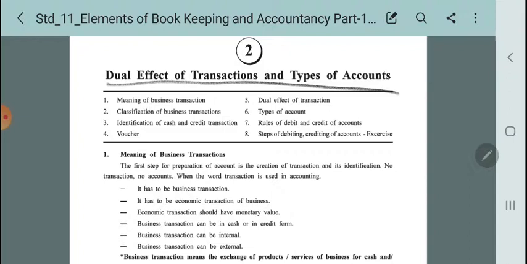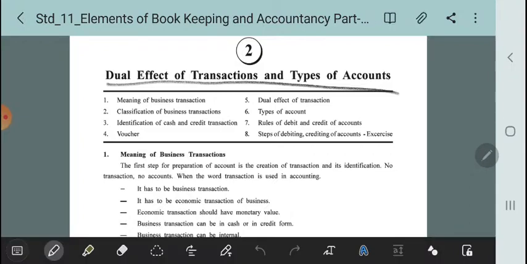Okay, so today we will start with our chapter number 2 from Accountancy Part 1 of Standard 11th. The name of the chapter is Dual Effect of Transaction and Types of Account.